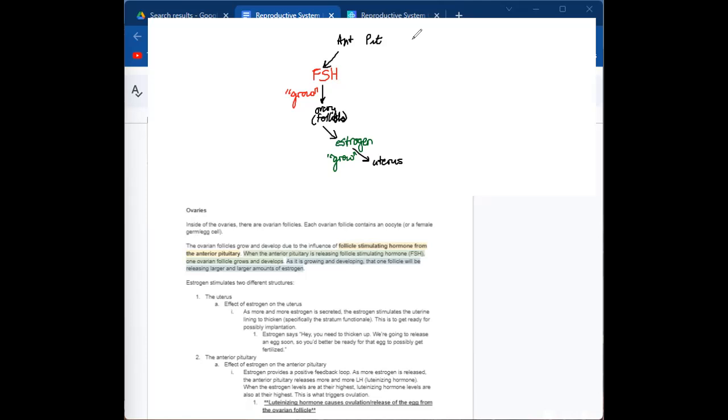But also at the same time, the estrogen is going to go back to the anterior pituitary, and it's actually going to tell the anterior pituitary to release the LH.